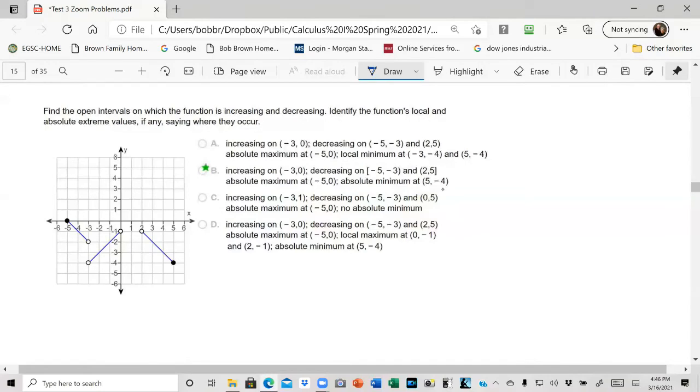Here we have a function that has a lot of discontinuities, but it says find the open intervals on which the function is increasing and decreasing. Identify the function's local and absolute extreme values, if any, saying where they occur. So just looking at it, this left endpoint is the absolute max. It's decreasing between minus 5 and 3.